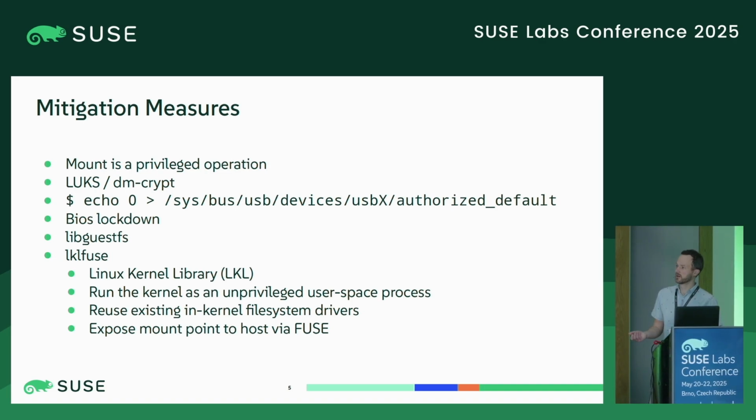It's a new architecture or virtual architecture within Linux. With that, we can run the kernel as an unprivileged user space process. The prime reason for that is that we can reuse the existing file system implementations in the kernel. We don't need to write anything new, and they just run as an unprivileged service.